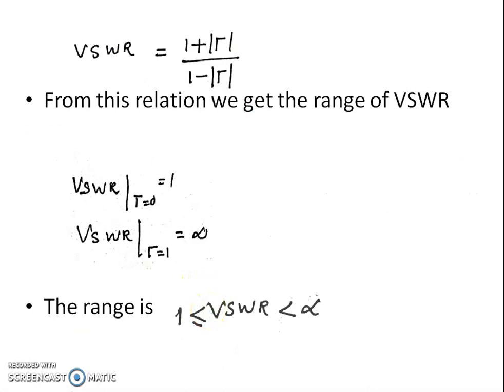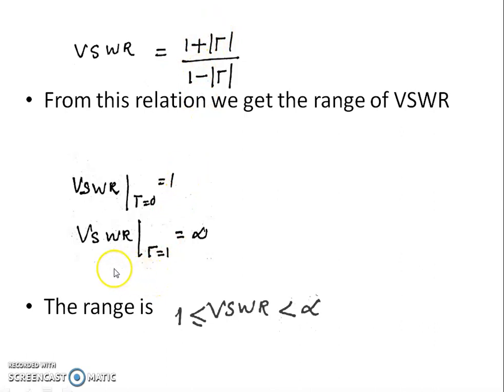That is, VSWR is equal to 1 plus the magnitude of gamma divided by 1 minus the magnitude of gamma. From this relation, we get the range of the VSWR. When the value of gamma is equal to 0, we put 0 in place of gamma, and we get VSWR equal to 1 by 1, which is 1.